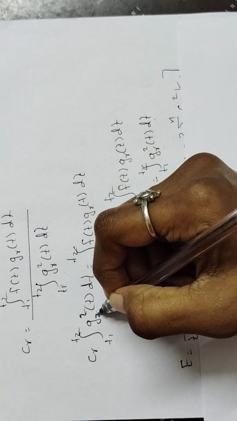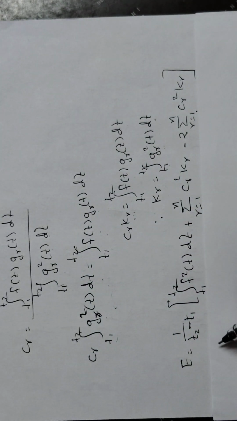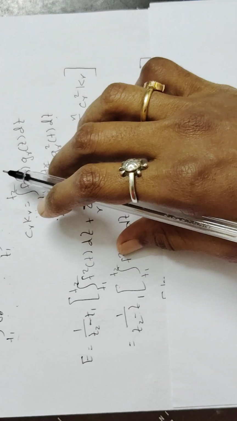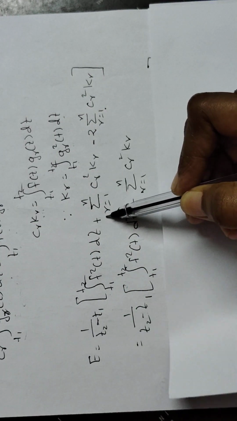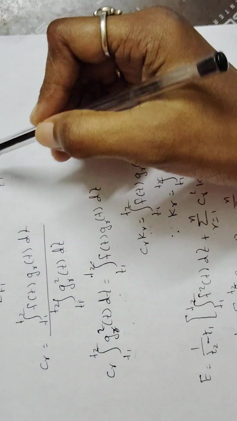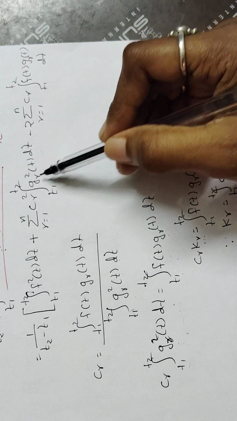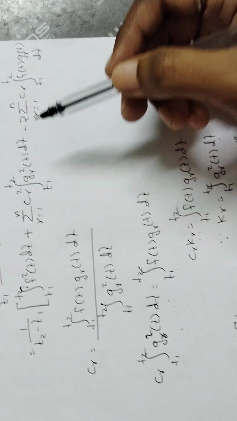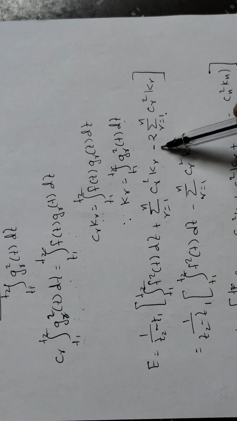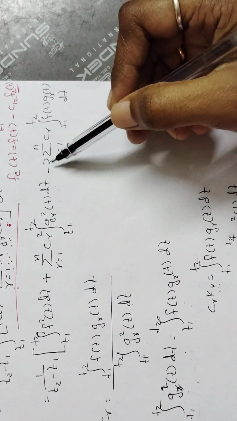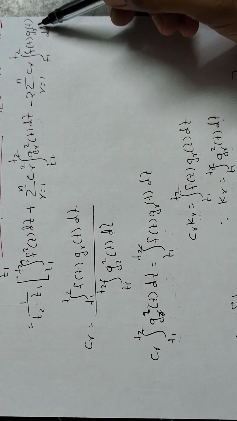Now if you substitute these component value equations, E is equal to 1 by t2 minus t1 integral of f square of t dt plus, from the previous equation, summation r is equal to 1 to n cr square kr, since integral t1 to t2 gr square of t into dt can be written as kr, minus 2 summation r is equal to 1 to n cr integral t1 to t2 f of t gr of t.